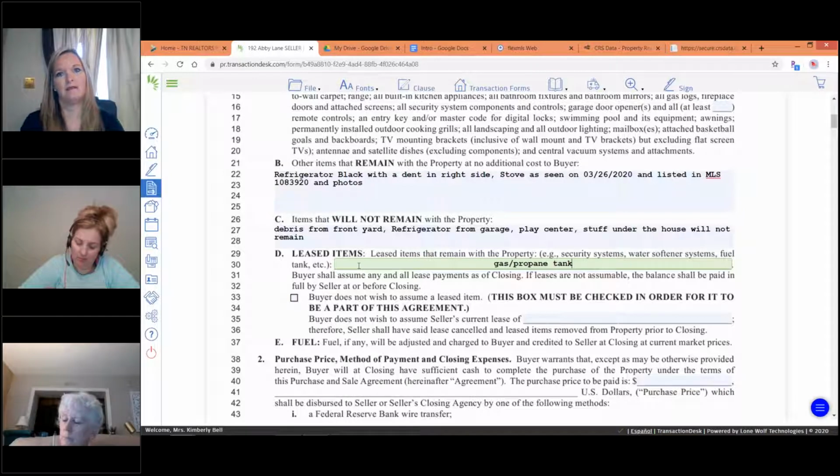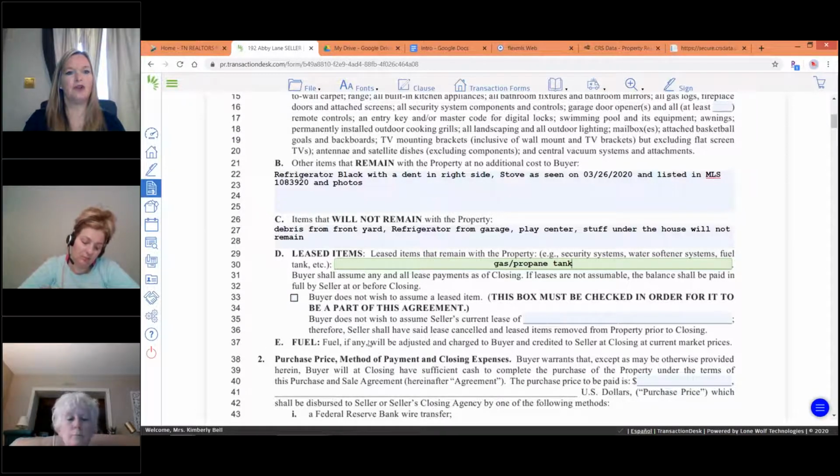Does that make sense? Yes. So we're going to say that the gas in the propane tank remain, and then you would leave the rest of that undone. Now under E, you would leave it undone, nothing else to be checked.